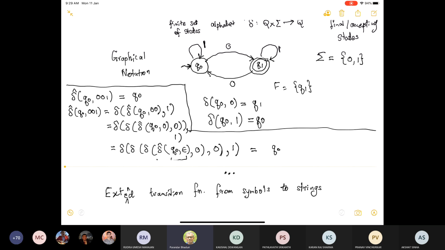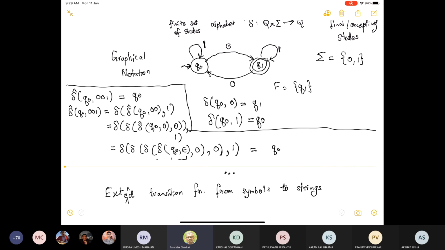The string 01 is accepted, 001 is accepted, and so on.